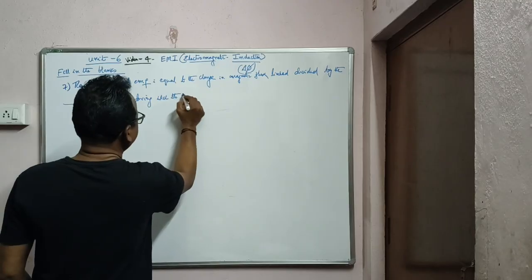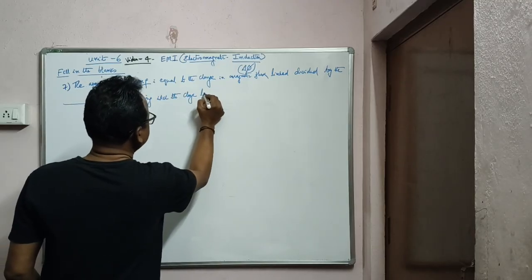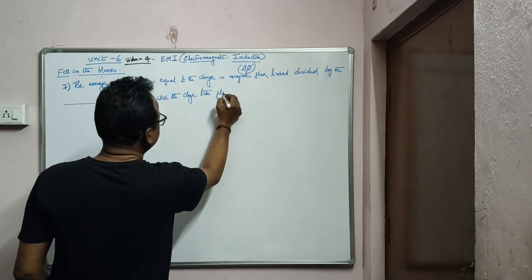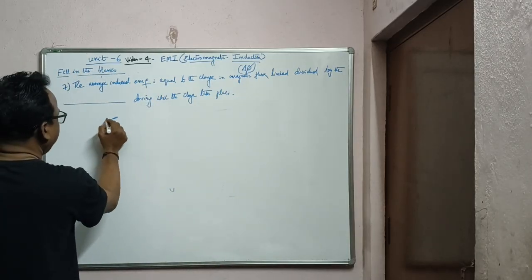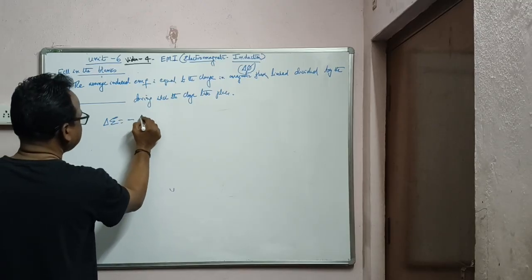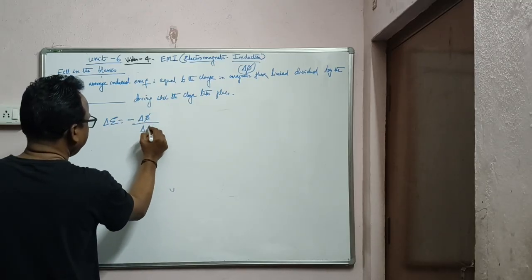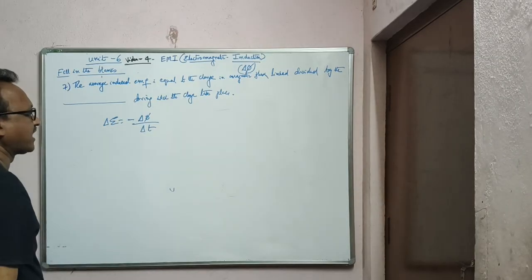So the average induced EMF is minus delta phi by delta t. That is the formula, Faraday's law.